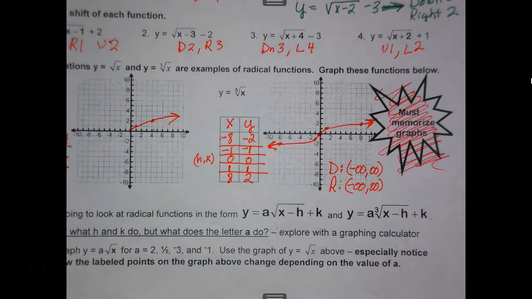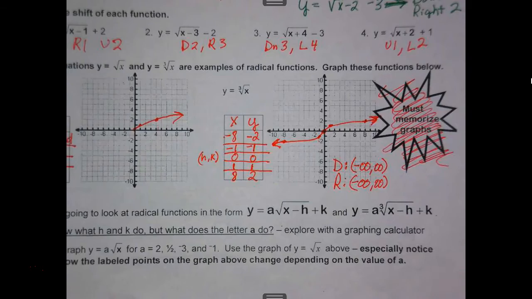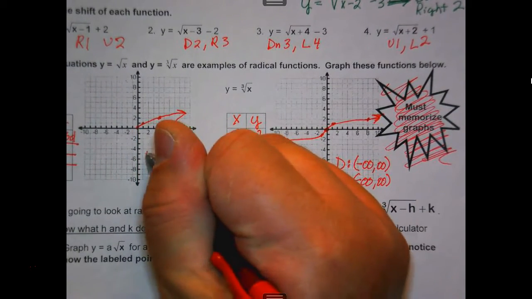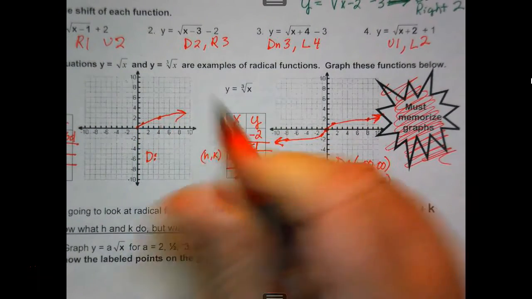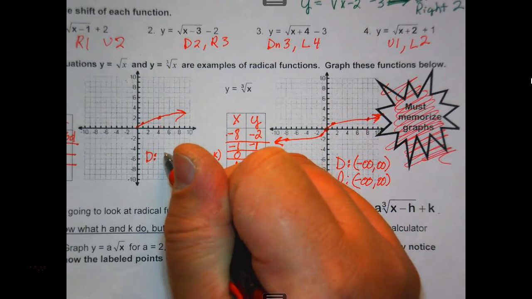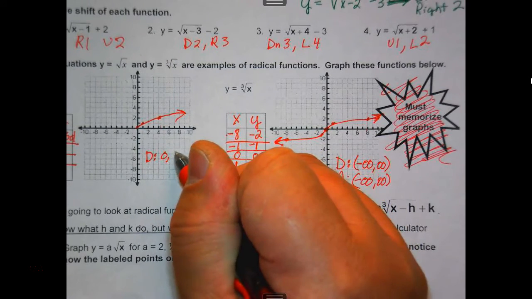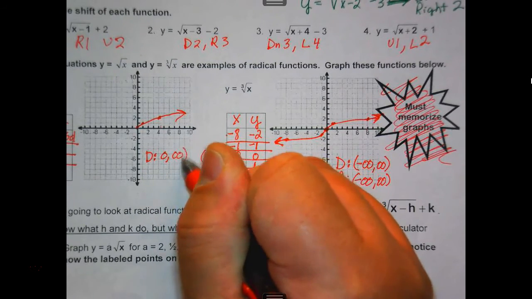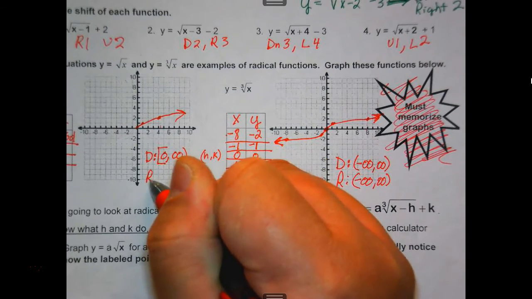Now, it's a little different for square root, which could be my domain. What is my x? What's my least x value? And where's it going? What's the range?